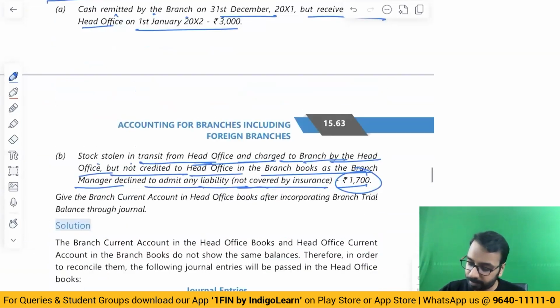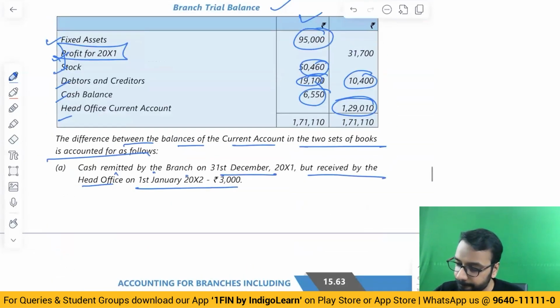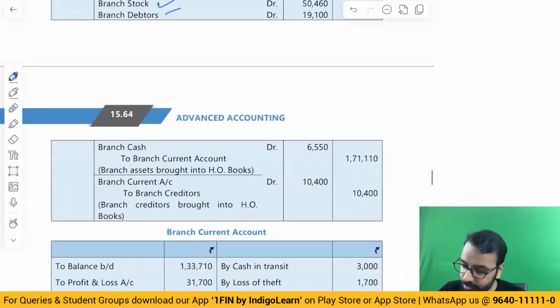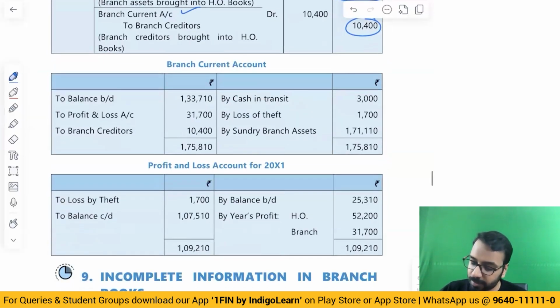So the P&L transfer is 31,700, then fixed assets, stock, debtors, cash transferred, current creditors transferred. Are we clear? Then you can prepare the branch current account and P&L account for 21.